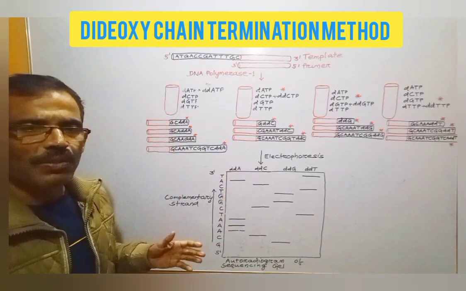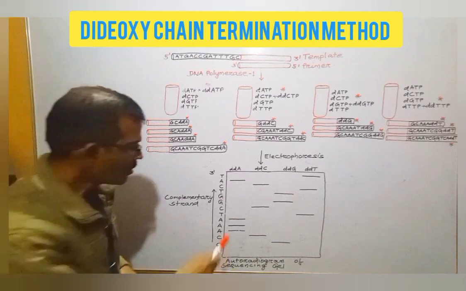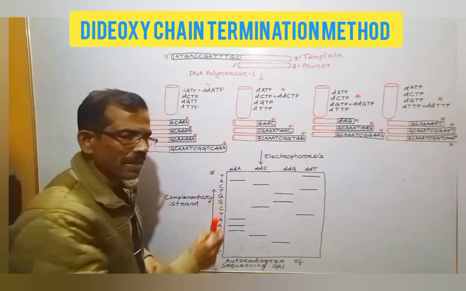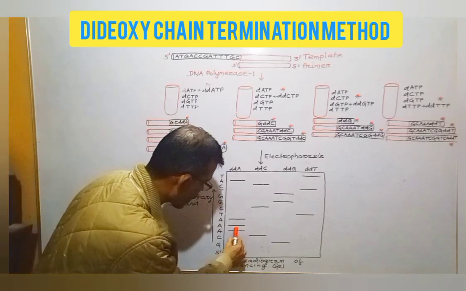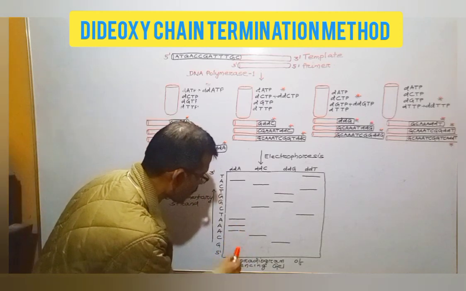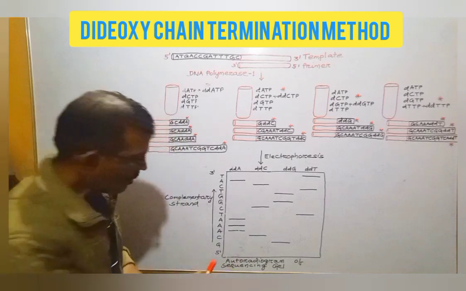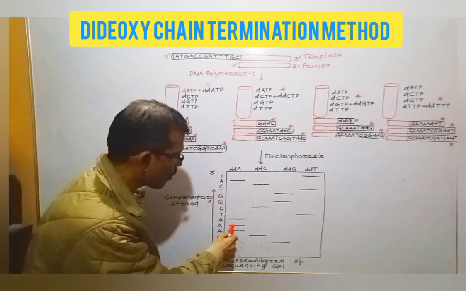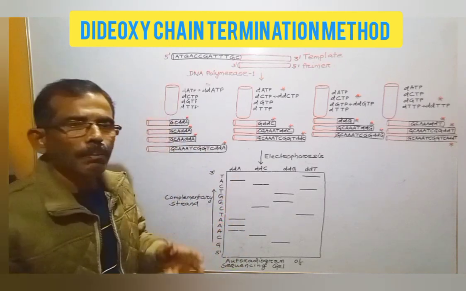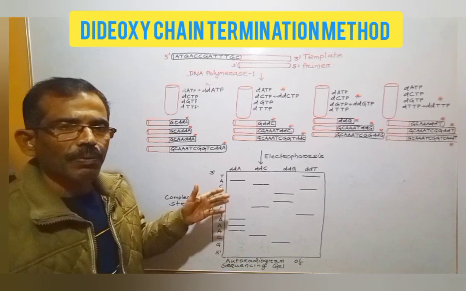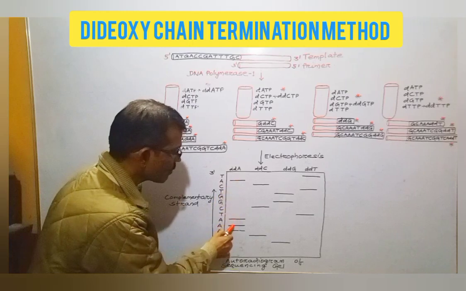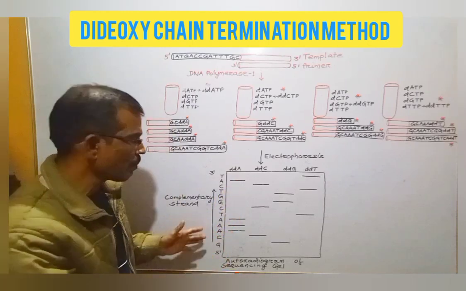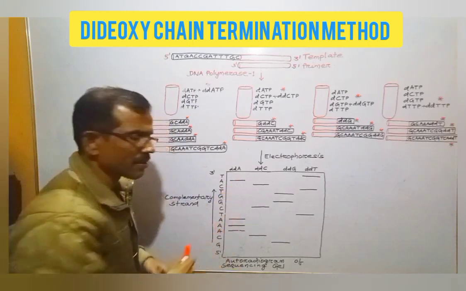It is based on the molecular size. The shortest fragment migrates at a faster rate and forms a separate band nearer to the bottom of the gel. The shortest fragment will be followed by other fragments, but at a different electrophoretic mobility. As a result, all 4 types of DNA fragments are separated into different bands.